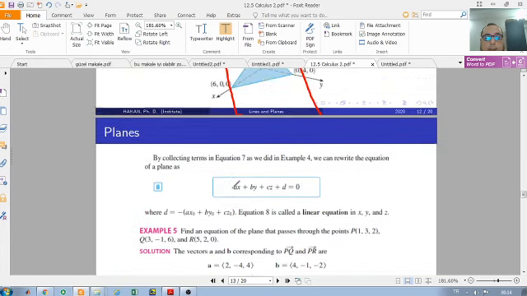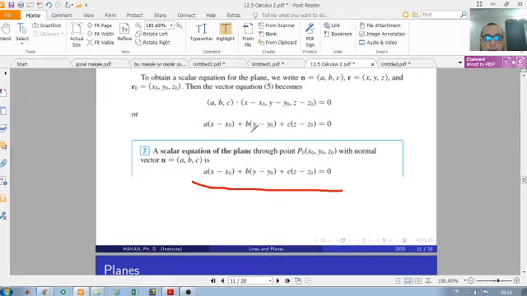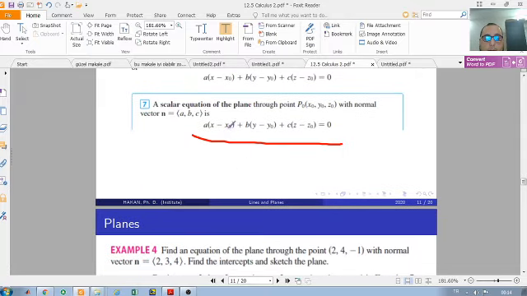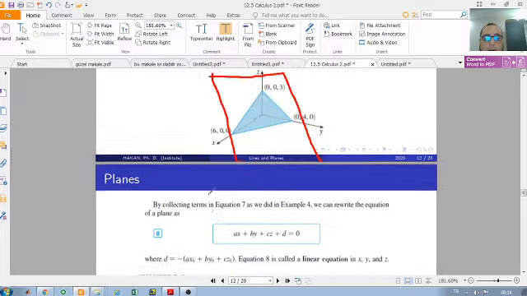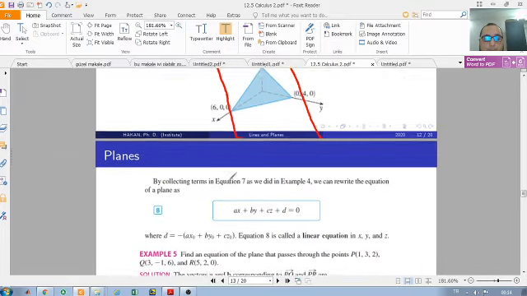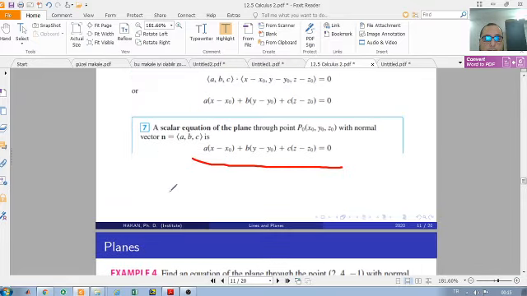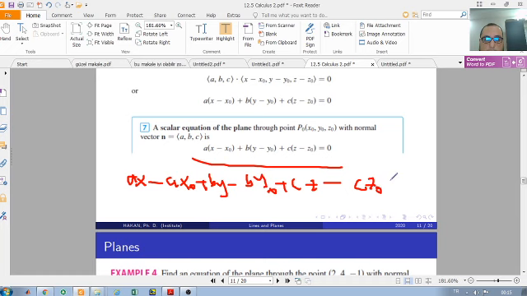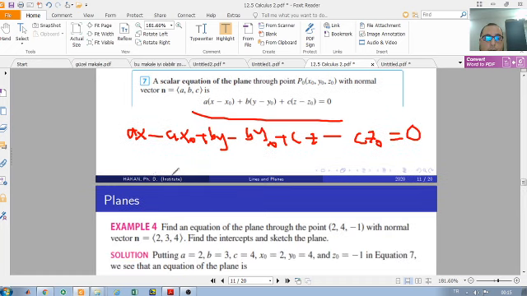By collecting terms in the scalar equation, it is actually a times x minus a times x0 plus b times y minus b times y0 plus c times z minus c times z0 is equal to 0.